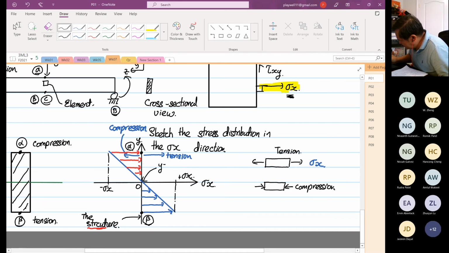Now an interesting thing to see is at this point down here, when y is equal to 0, our stress x is equal to 0. This means that at y equal to 0, the normal stress in the x direction is equal to 0, and this axis is known as the neutral axis.